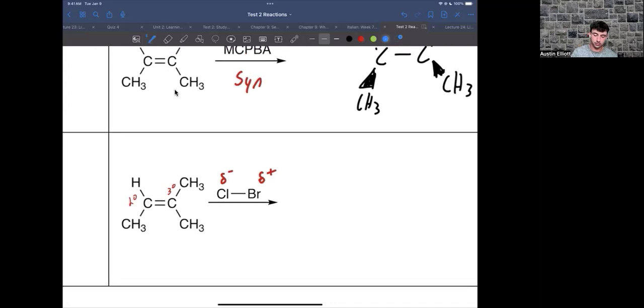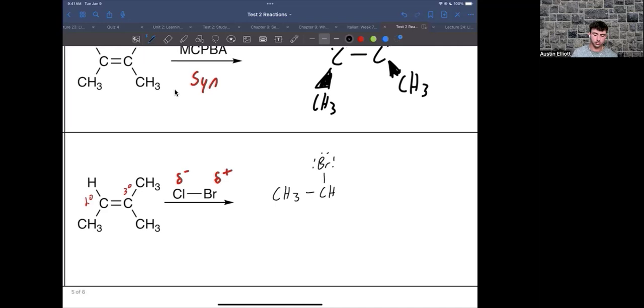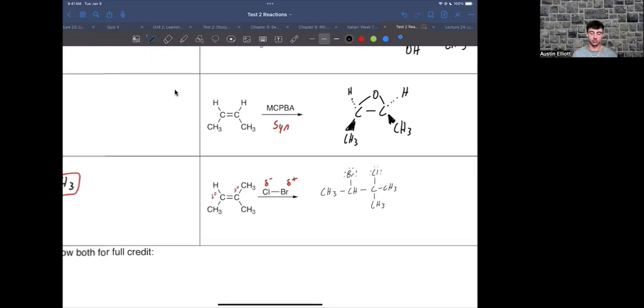So if we have CH3 and then CH, this is our 2 prime carbon right here, and this is where the bromine adds. And just making sure to include your lone pairs like that. And then we'll go over again. We have a C, CH3, CH3, and this is where our chlorine adds, just like that. So always making sure to look at the atoms themselves and comparing the electronegativity overall to decide which one is going to add where in these types of double halogen reactions.